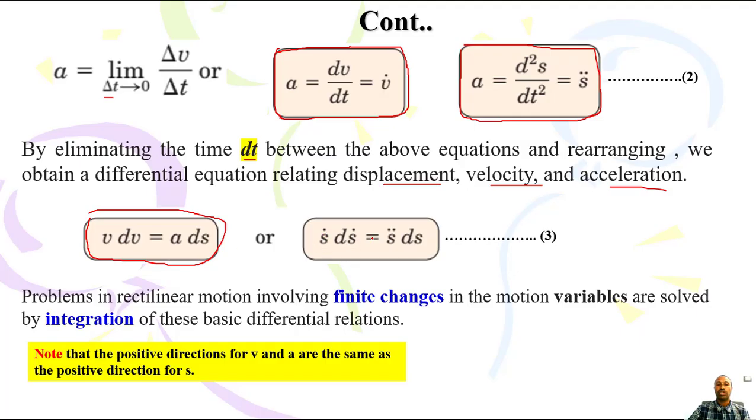Again, you can write acceleration as s double dot, and you have this equation. So problems in rectilinear motion involving finite changes in the motion variables are solved by integration of these basic differential equations. As a note, the positive directions for v and a are the same as the positive direction of s. Clear?